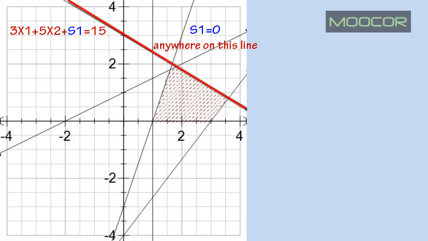In this case, if you move away from this line towards the infeasible region, how would you know that you are at an infeasible solution? Well, x1 and x2 will give you just values. In this case, x1 and x2 have to be greater than or equal to 0, and they are. So what is going to show you that you are at an infeasible point? It's the slack variable.